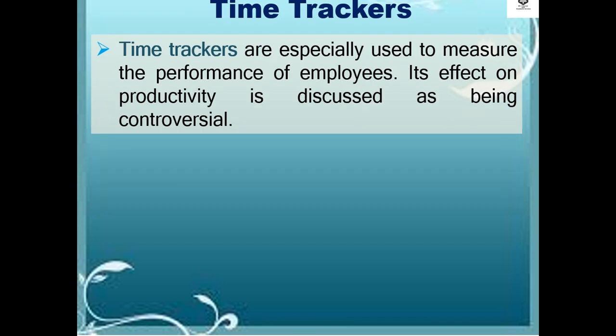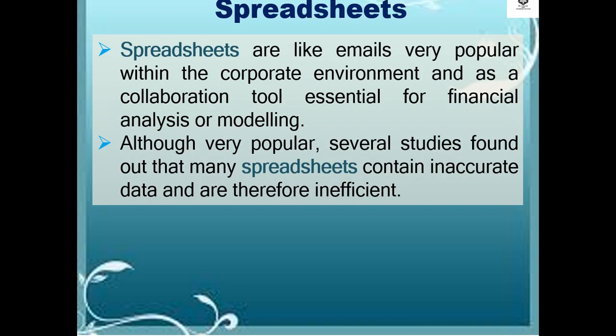Next example, time trackers. Time trackers are specially used to measure the performance of employees. Its effect on productivity is discussed as being controversial. Next, spreadsheets.